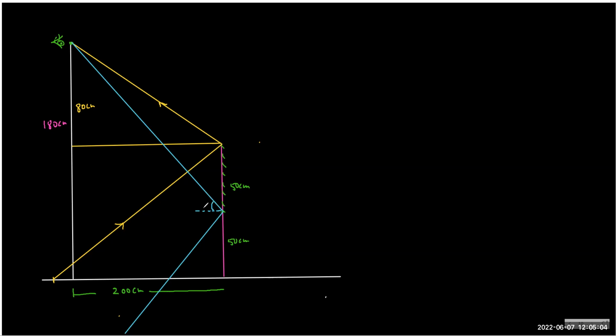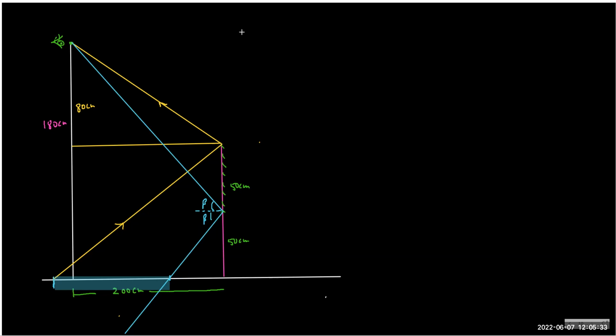You can say this angle is beta, this is also beta. The part of the floor which you can see is only between these two extremes, and you're supposed to find this length. Only this part of the floor is visible, because in the rest of the place the light ray cannot go.